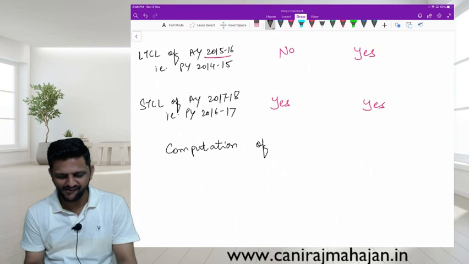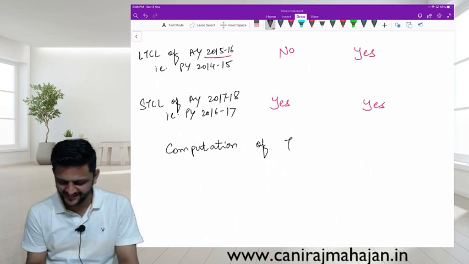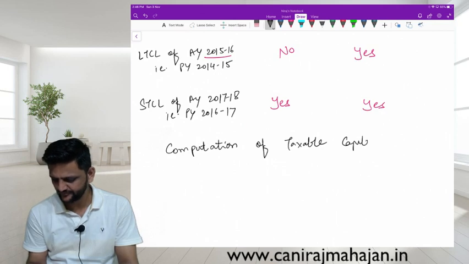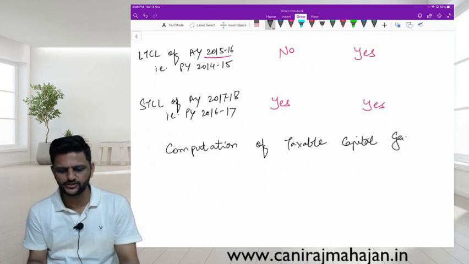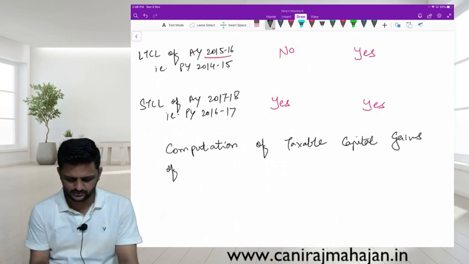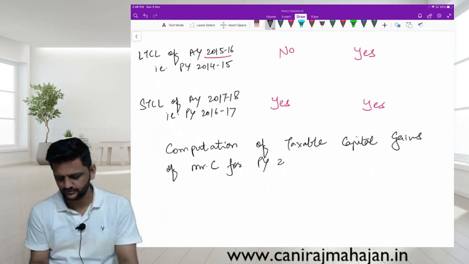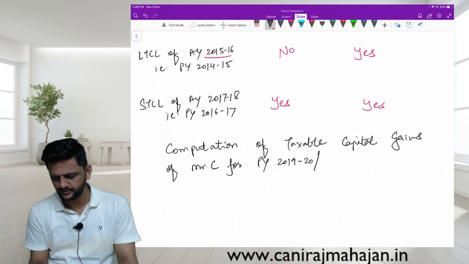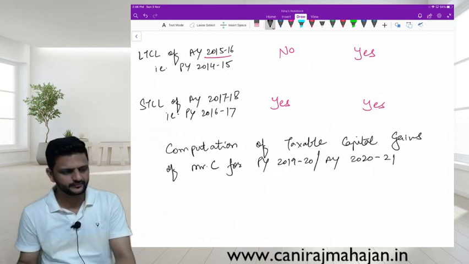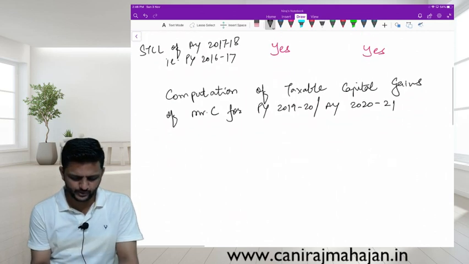Computation of taxable capital gains of Mr. C for PY 19-20, AY 2021. Particulars rupees.